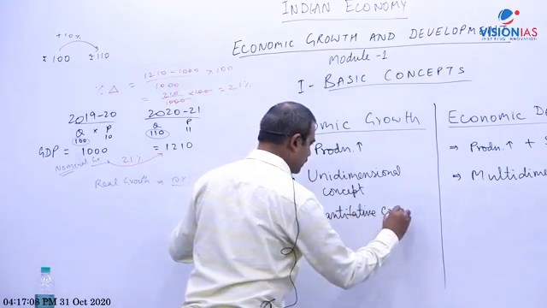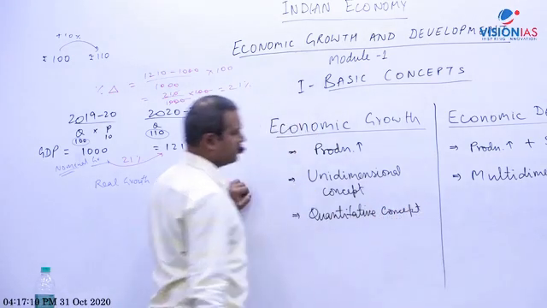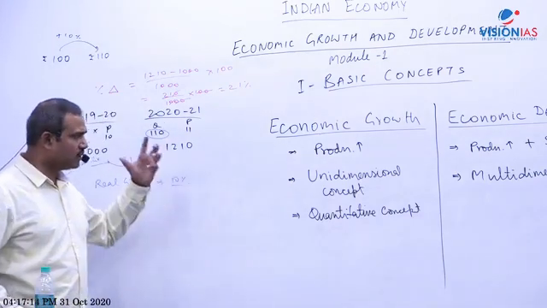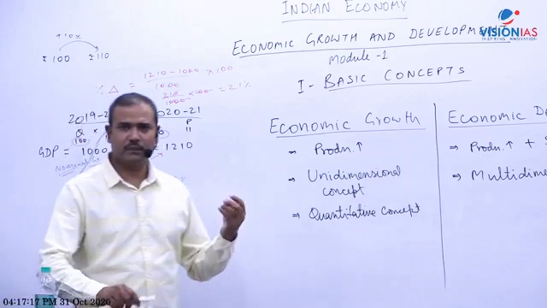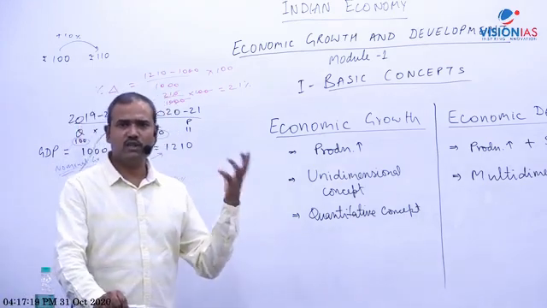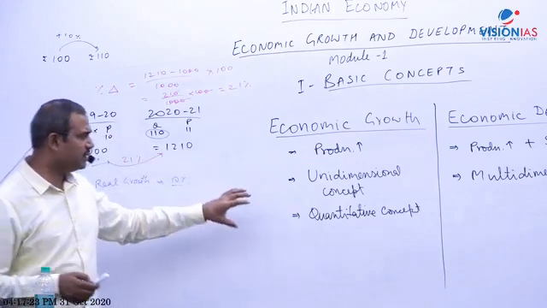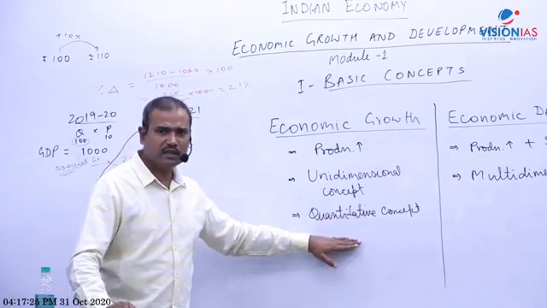Because we can quantify growth, we can measure exact growth, how much GDP increased, how much production increased. Because the value of output is GDP, the production in a country is GDP. So how much GDP increased, we can estimate. So I think it is clear, quantitative.